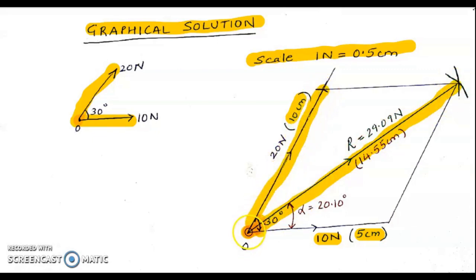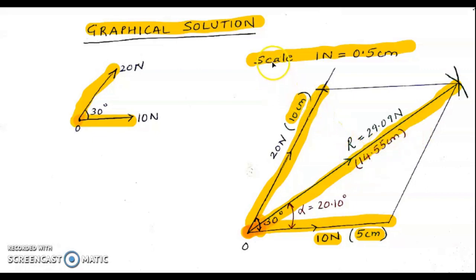This is one force, this is the second force, and the diagonal will give me the resultant in magnitude and direction. So I'll have to measure the length of this diagonal. The length of my diagonal comes to 14.55 centimeter. So I have got the resultant in terms of length.